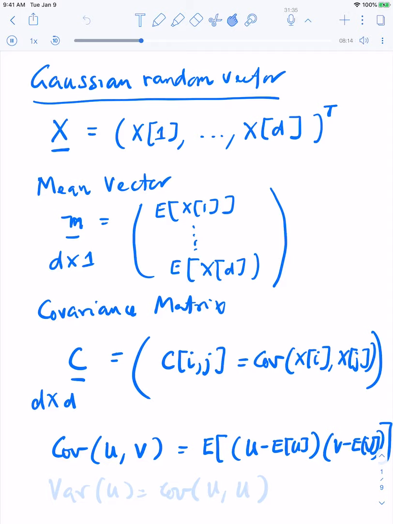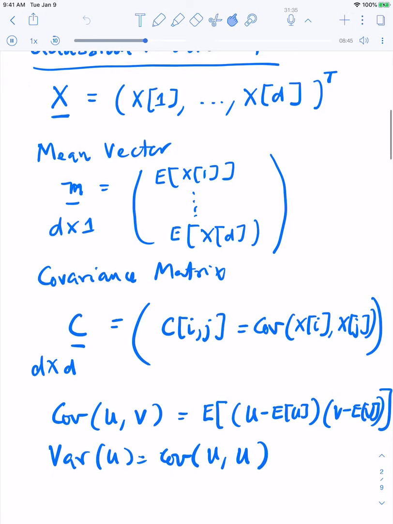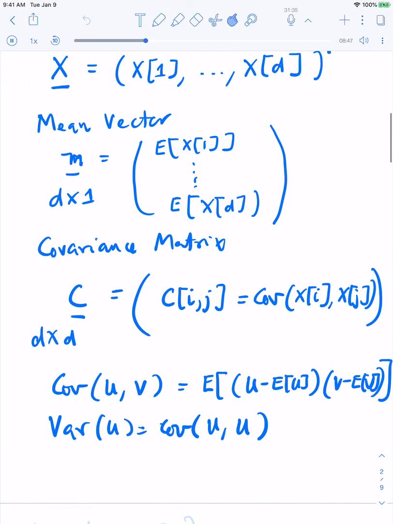So there's a bunch of properties of covariance that you can write out. It's insensitive to translation. If I scale u by 10, then the 10 just pulls out because it's there in u as well as E of u. So there are all these properties that we can dwell on, but we are not going to dwell on right now. So anyway, that's what the covariance is. And you can see that the variance is a special case. The variance of u is just its covariance with itself, right?